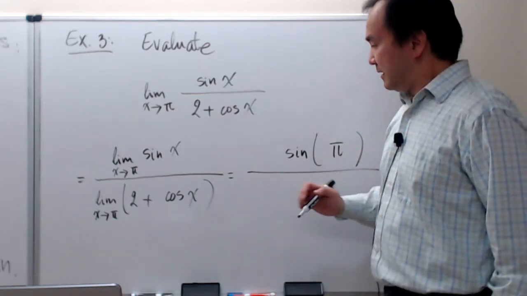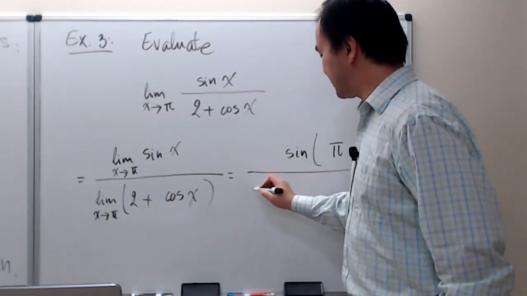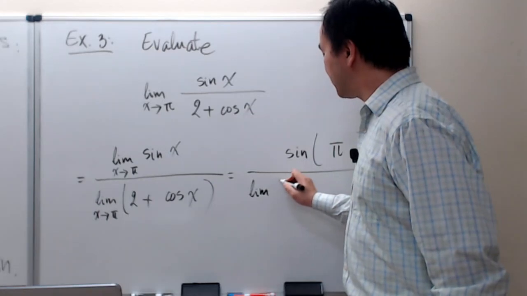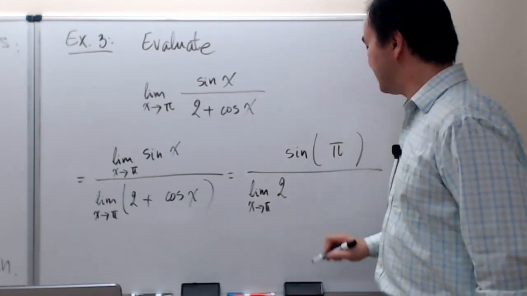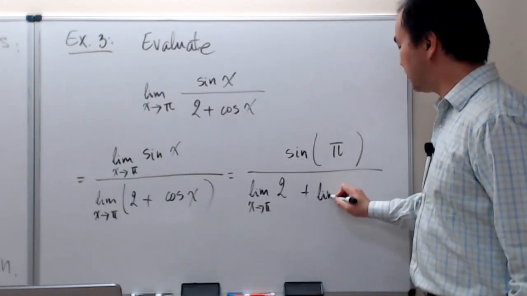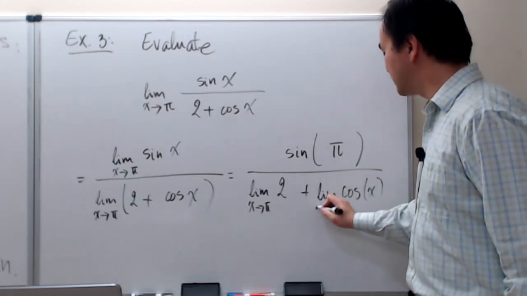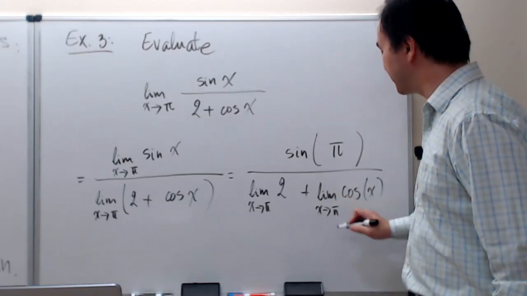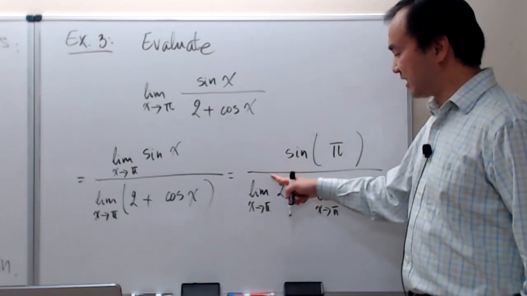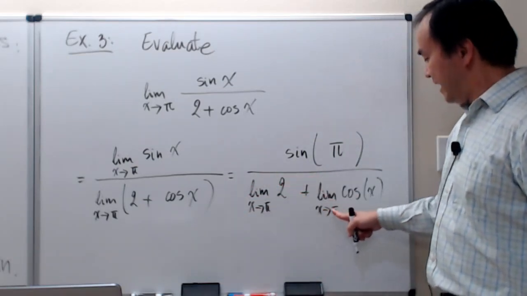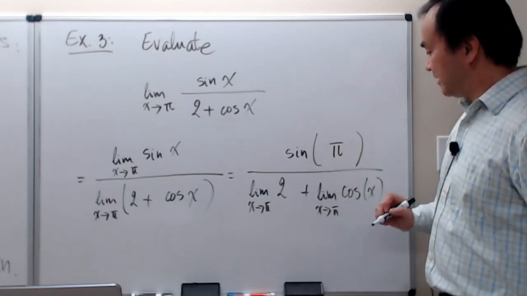Limit laws in the denominator guarantee that we can break that into the limit of the constant function, letting x get close to pi, plus a separate limit for the cosine of x function. It never hurts to break things into small steps like that. You have seen limit laws that can quickly find an answer for this, and this works similar to how we found the answer in the numerator.